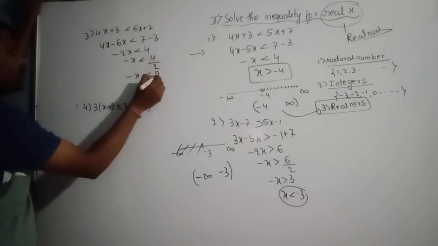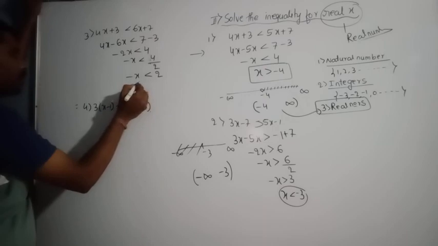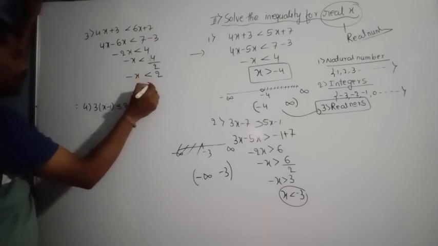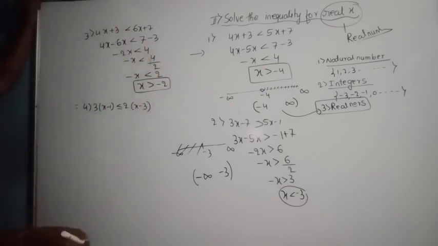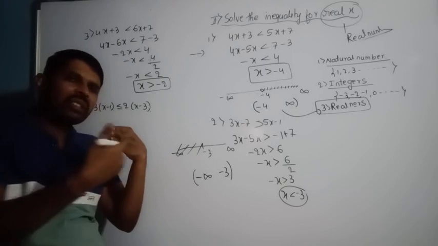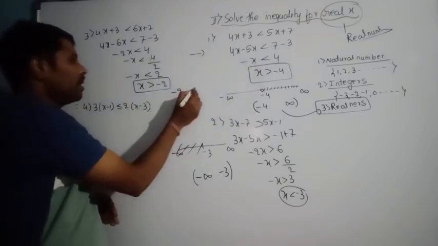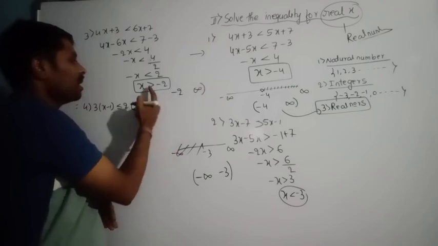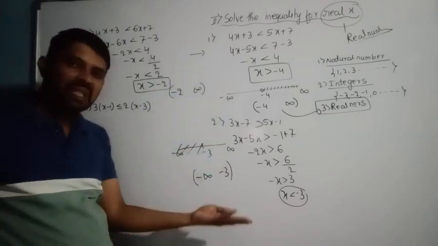Minus is there, I don't want it, so multiply by minus on both sides. So the inequality will change. x is greater than minus 2. Which real numbers? Greater means this side, so minus 2 to infinity. Included or not included? Not included. Open. Simple.